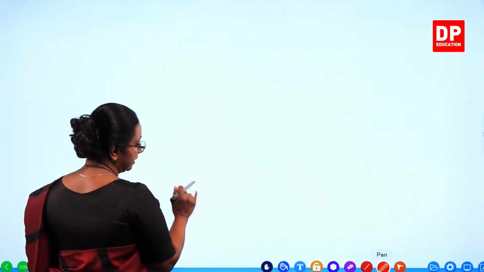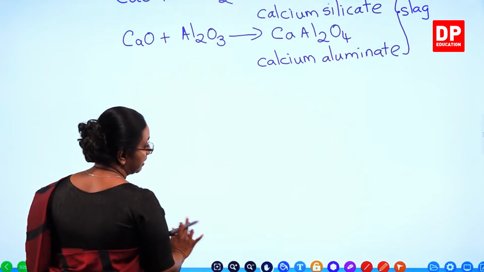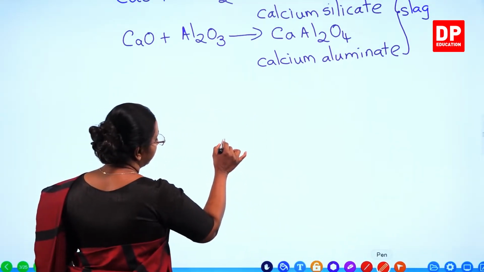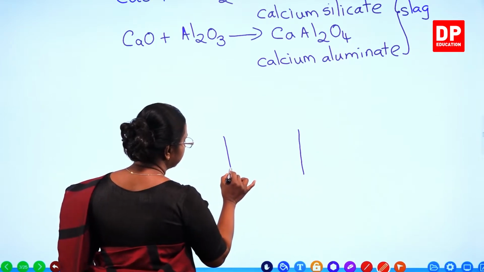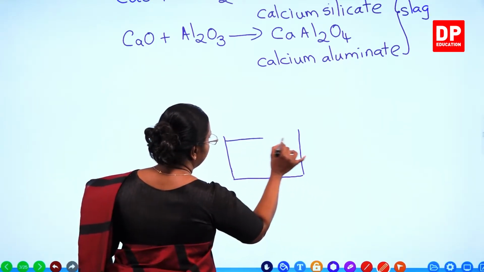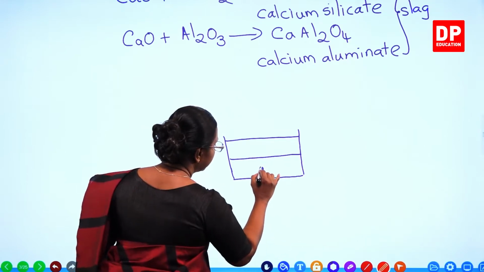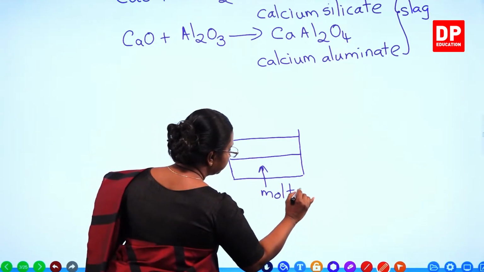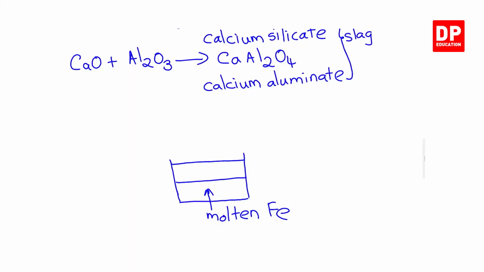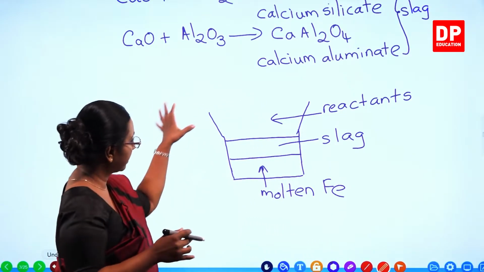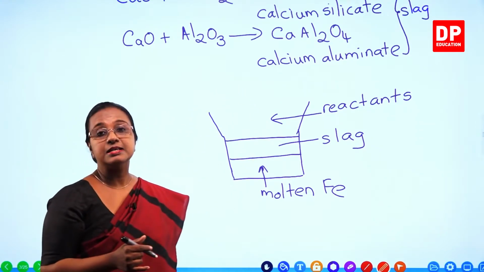Now, if you remember the structure, students. Now here we had it like this. And in this we have the molten iron here. This is the slag. And the rest of the reactants, the reactant mixture, everything is there above it.